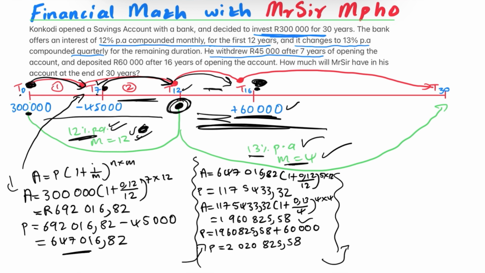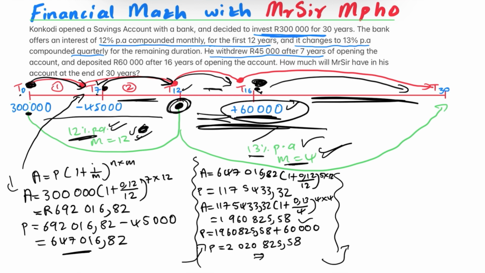But anyway, so we have T16 now, which means after having added this, we're going to grow the balance to T30 because nothing was happening here. But remember, which interest are we using? Still here, and we're still here. So now this is our new P, right? Let's go and grow our money.